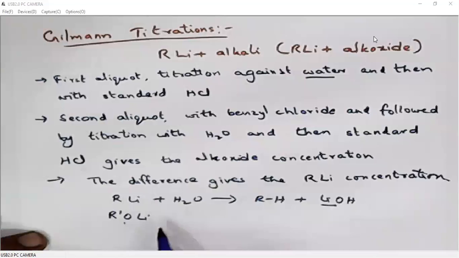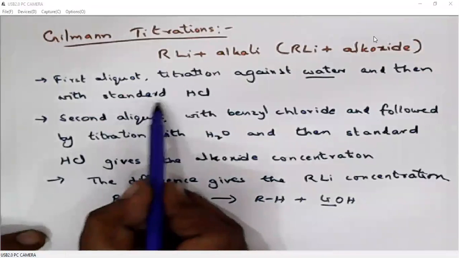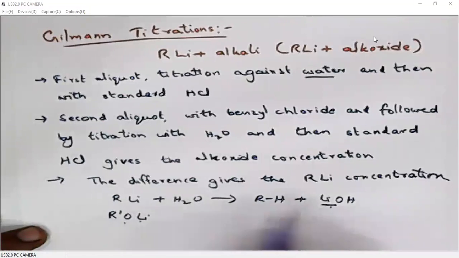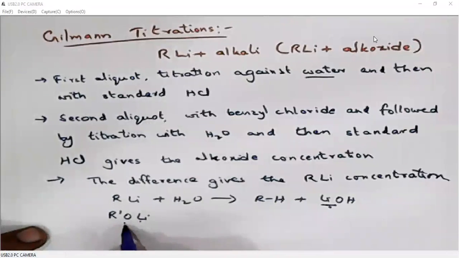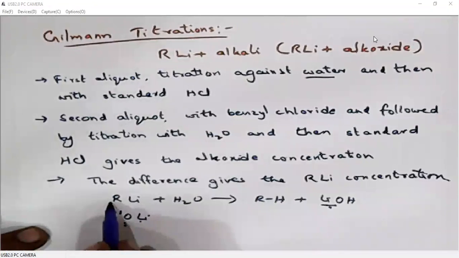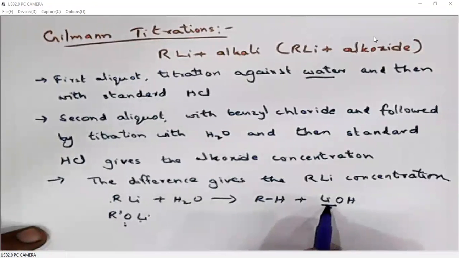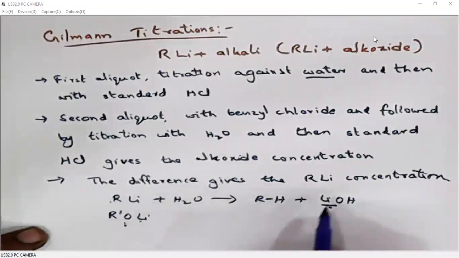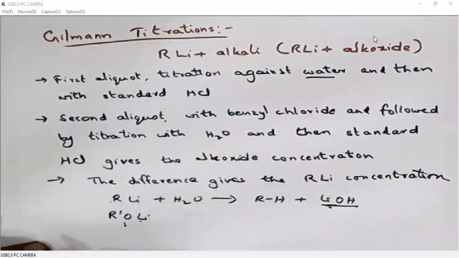The bases can be titrated against standard HCl so that we can know the concentrations of both these reagents, lithium hydroxide as well as lithium alkoxide. When we want to know the concentration of RLi, we just need the lithium hydroxide concentration, because one molecule of alkyl lithium will generate one molecule of lithium hydroxide. So if we know the lithium hydroxide concentration, we know the alkyl lithium.